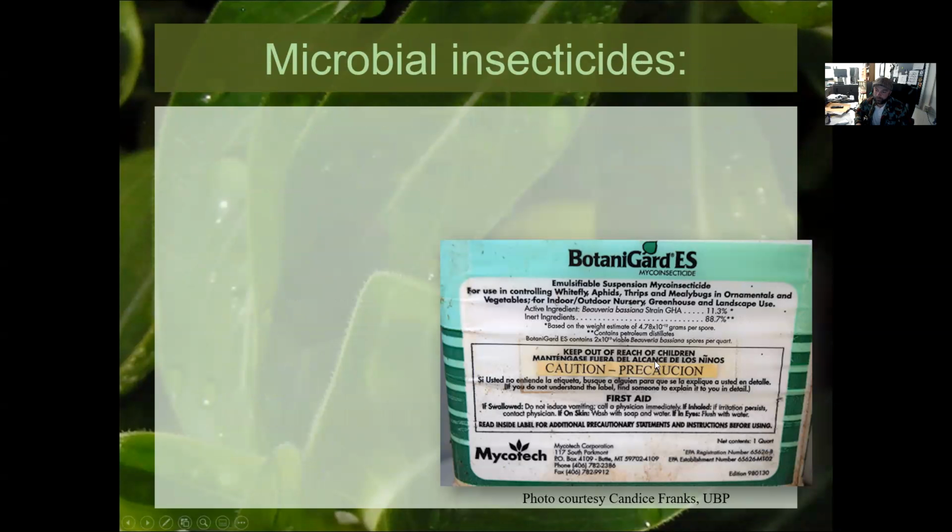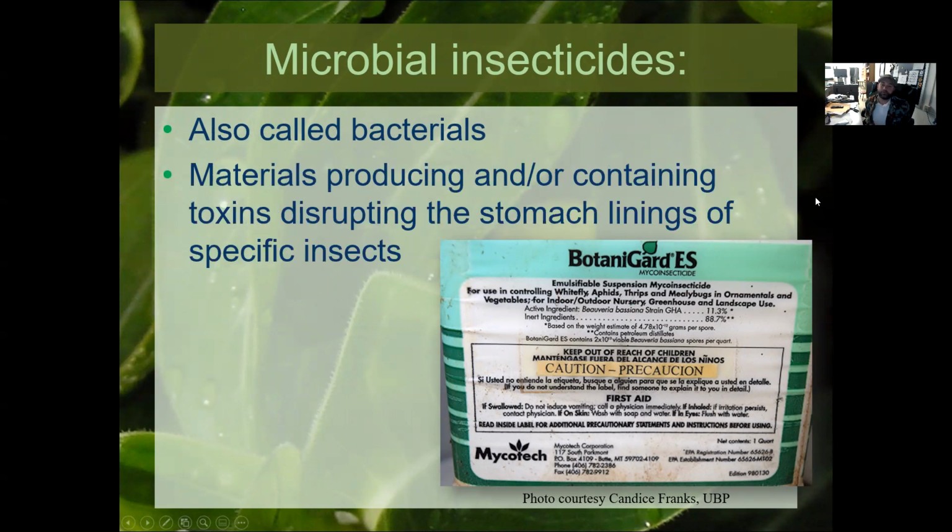So microbial insecticides, also called bacterials. These are materials producing and/or containing toxins disrupting the stomach linings of specific insects. Make sure, I say this a million times during my presentations, that you're reading the label on all of this stuff. If we take a look at this one, that's for use in controlling whitefly, aphid, thrips.